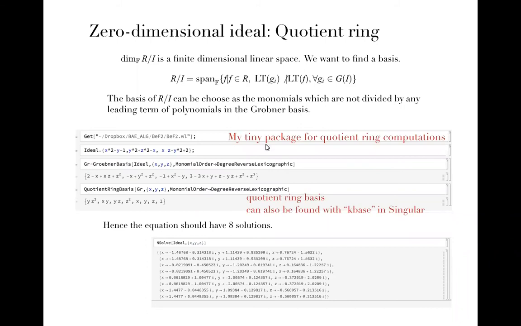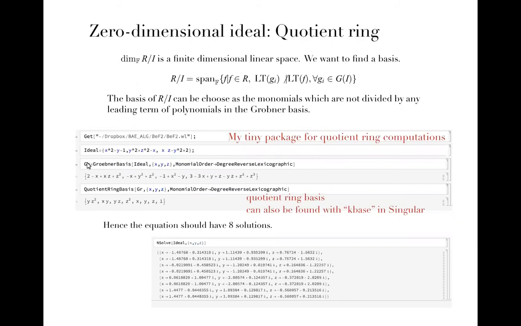I have a package, I will upload it to the Slack. You don't need to do it yourself. If you can get a Gröbner basis, for example, this one with x, y, and z, of course you can numerically solve to find how many solutions there are. But here, I just tell you that I can do it analytically.